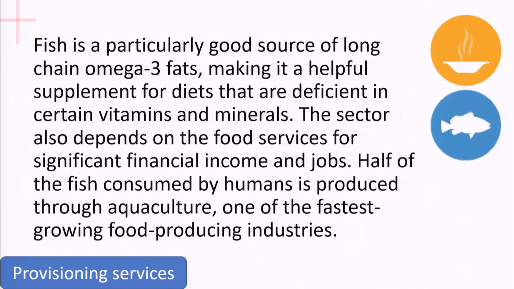Fish is particularly a good source of long-chain omega-3 fats, making it a helpful supplement for diets that are deficient in certain vitamins and minerals. The sector also depends on fish for significant financial income and jobs. Half of the fish consumed by humans is produced through aquaculture, one of the fastest growing food producing industries.